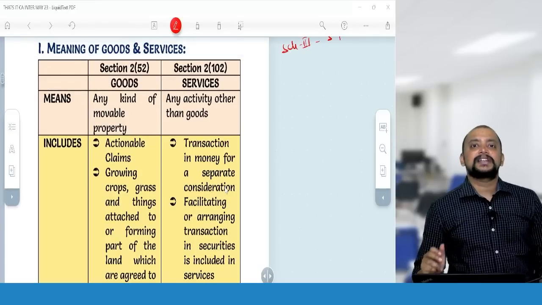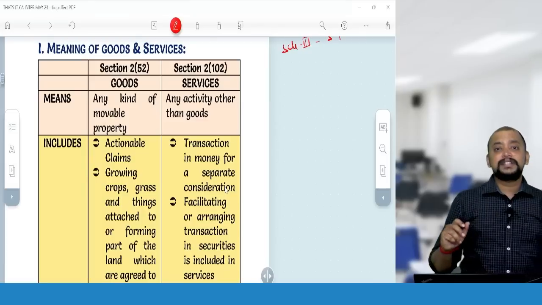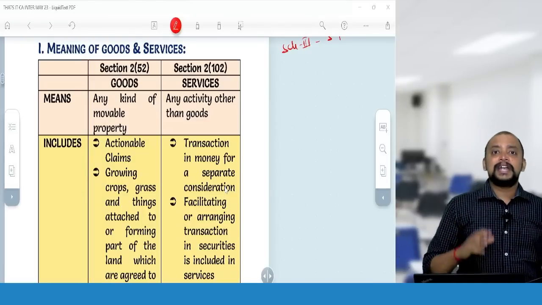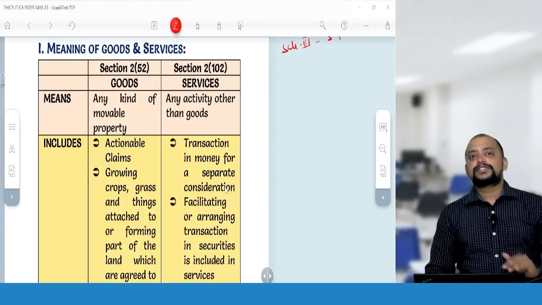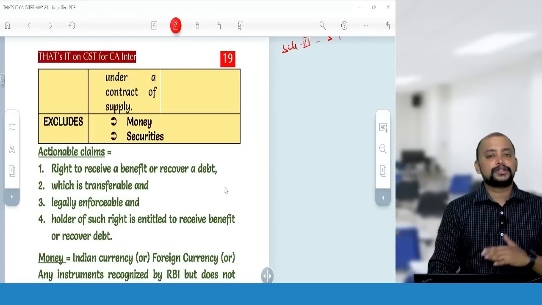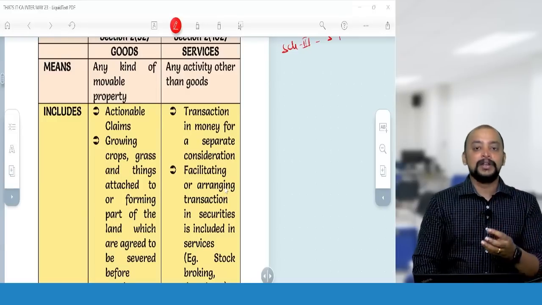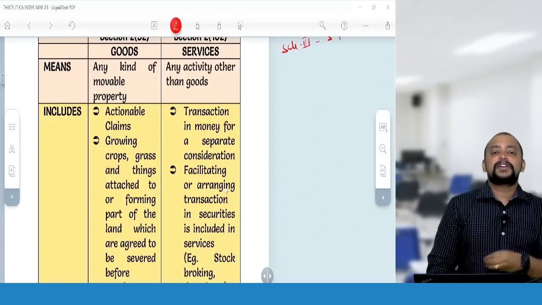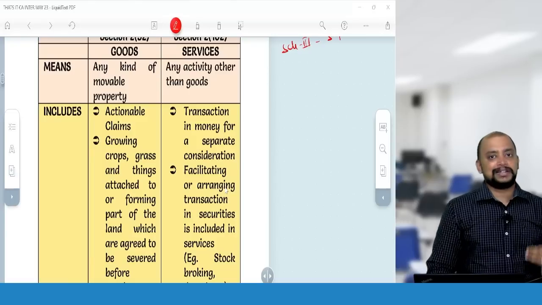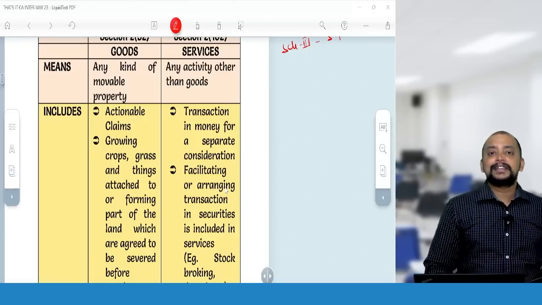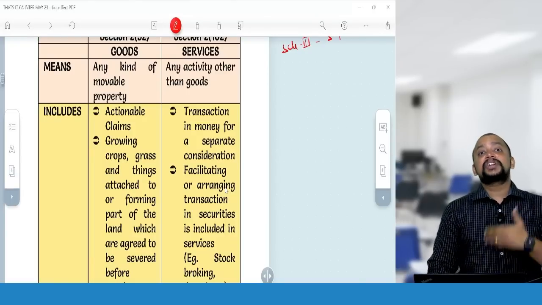Whereas services, section 2 clause 102, services means anything other than goods, and it also excludes money and securities. But when there is a transaction in money for a separate consideration, like loans given for which extra consideration, interest, is collected, that will become service. And then facilitating or arranging transaction in securities.